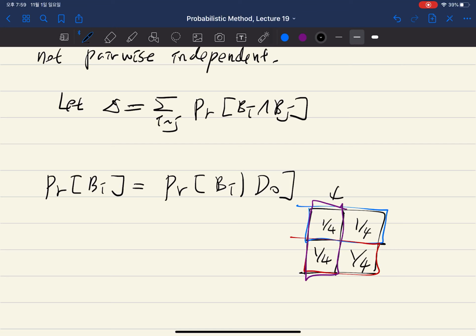So blue and purple are independent. Purple and red are independent because assuming the red event, purple still happens with half. But assuming both, this was maybe not so good a picture, let's say.